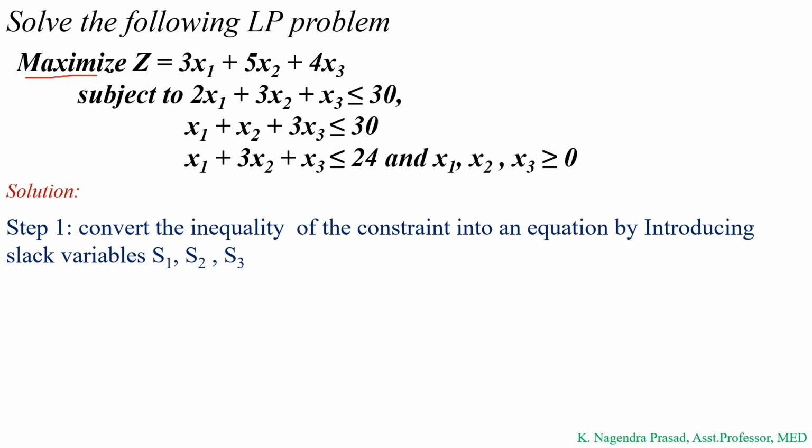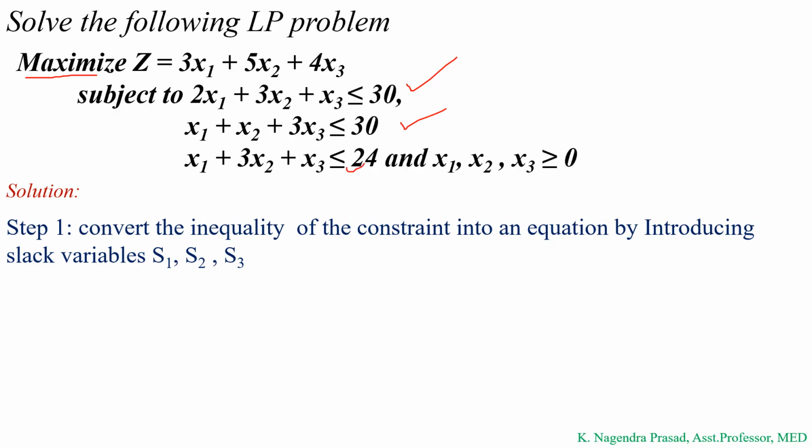So we have to introduce the slack variable s1 in the first constraint and introduce the slack variable s2 in the second constraint. Similarly, we have to introduce the slack variable s3 in the third constraint.